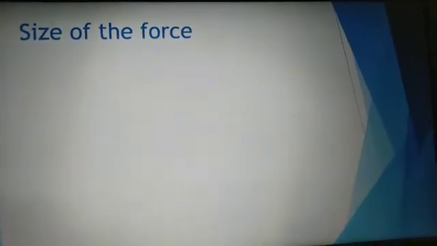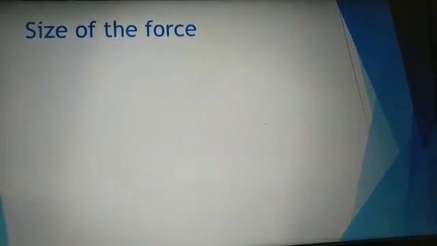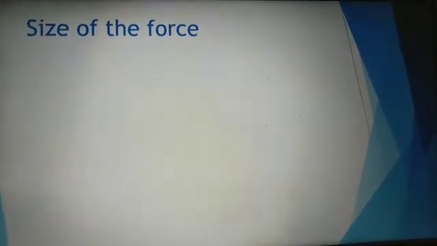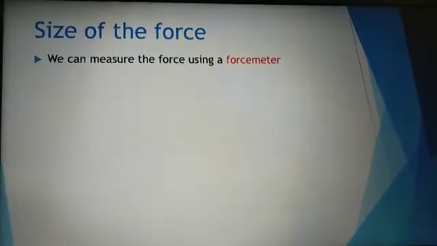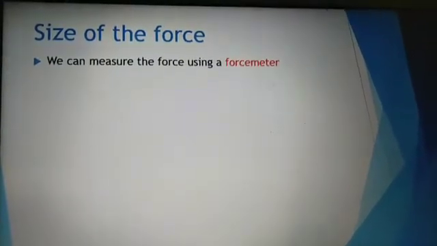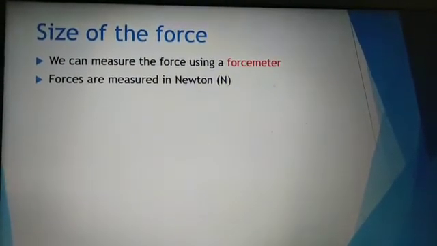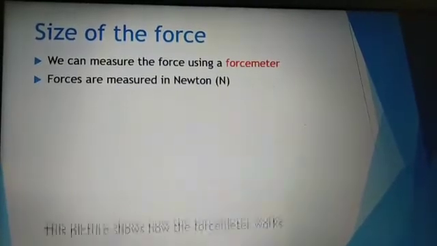In mass, we measure how heavy or light an object is using the scale and the kilogram and the gram units. Also in force, we can measure the size of the force using an object called a force meter, and we use the unit Newton to measure the force.